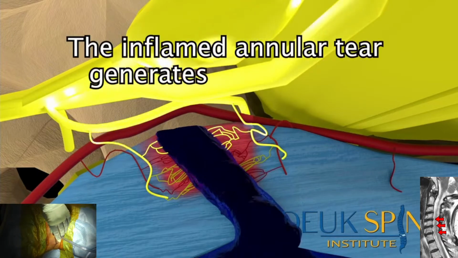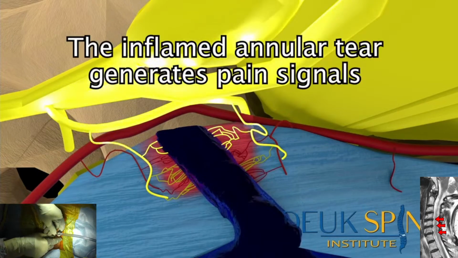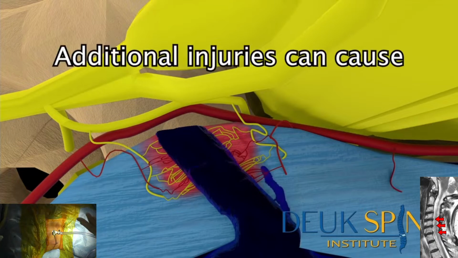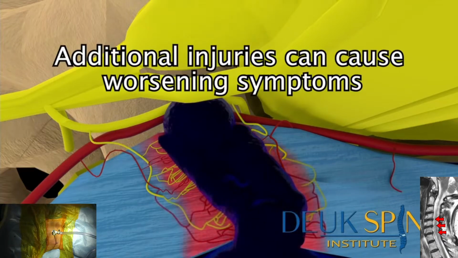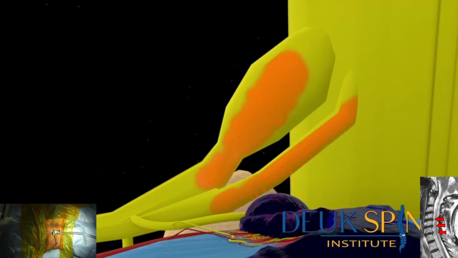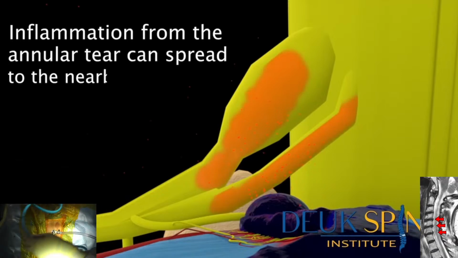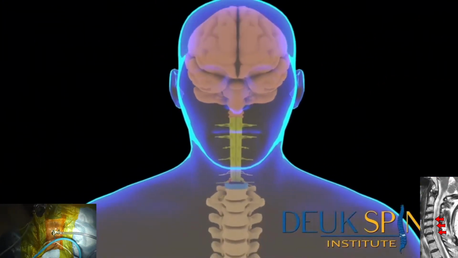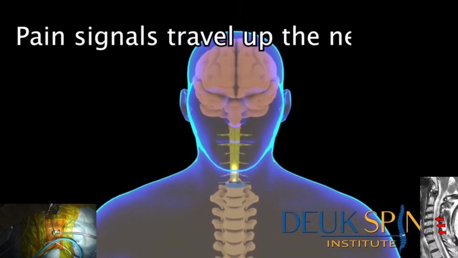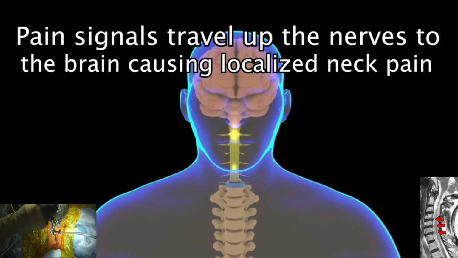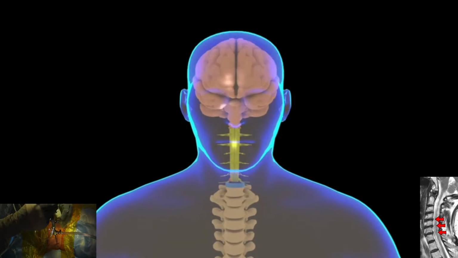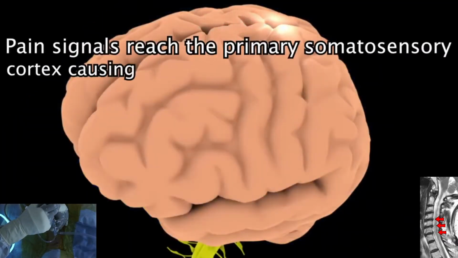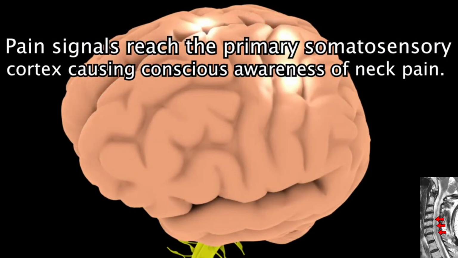The inflamed annular tear generates pain signals. Additional injuries can cause worsening symptoms. Inflammation from the annular tear can spread to the nearby nerve roots, causing arm pain. Pain signals travel up the nerves to the brain, causing localized neck pain. Pain signals reach the primary somatosensory cortex, causing conscious awareness of neck pain.